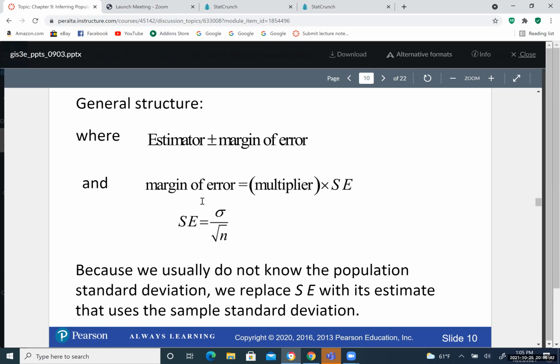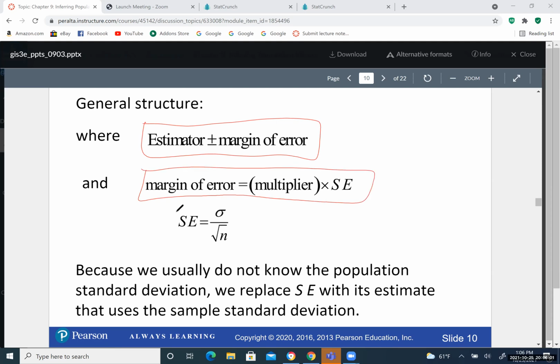See that? So we have three different formulas. We have the bigger formula right there, but the margin of error is right there, and you have this formula for SE. So when you compute this first, this second, then go back to this third formula.